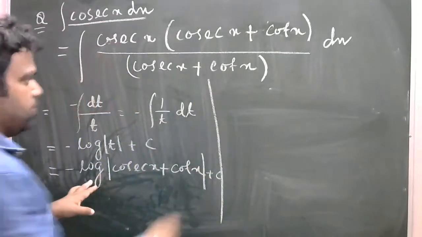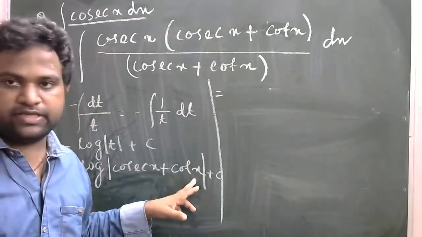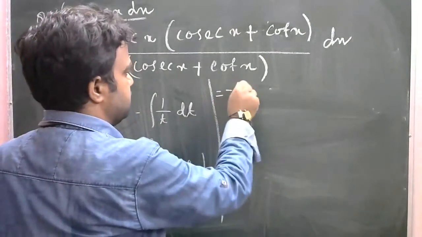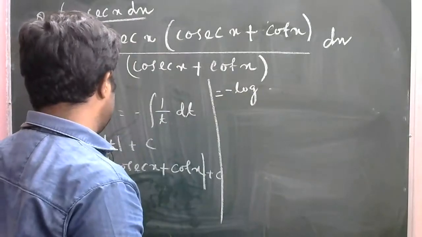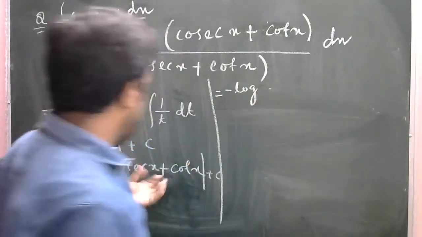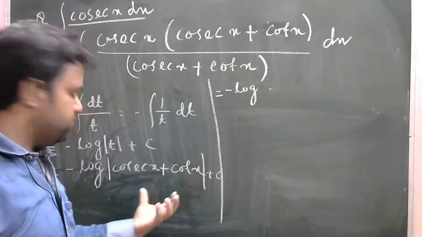What I can do is write this cosec x plus cot x in a different form, like minus log. I'll multiply cosec x minus cot x in the numerator and denominator.